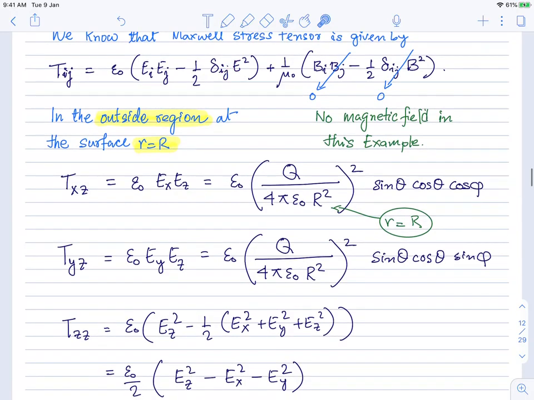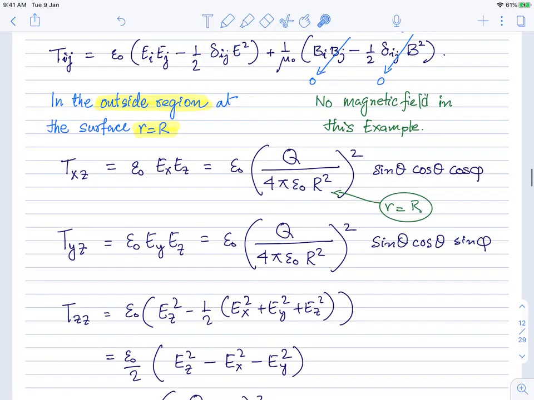Okay, similarly for Tyz, this term is going to contribute, Ey Ez. But again, delta yz is 0, so this term is not going to contribute. But for Tzz, this term is going to contribute, of course, because it will become Ez square. Now this term here is zz, so this is equal to 1, and this is E square, but this is half E square.